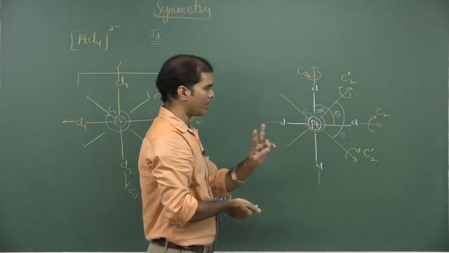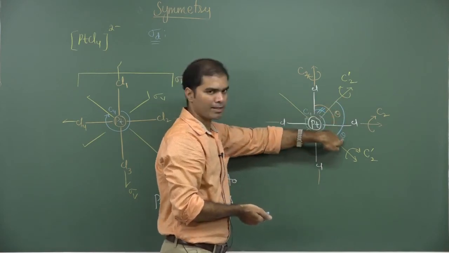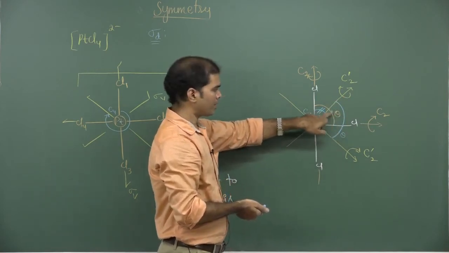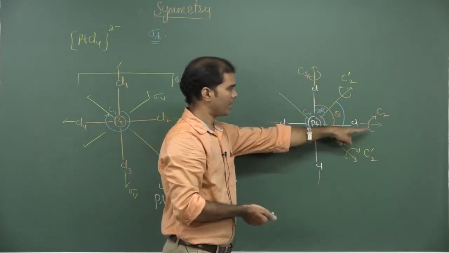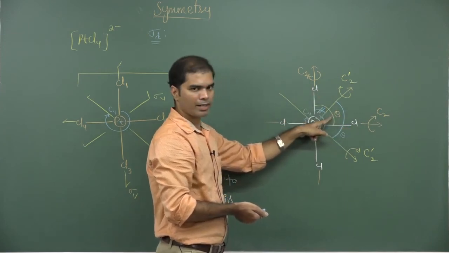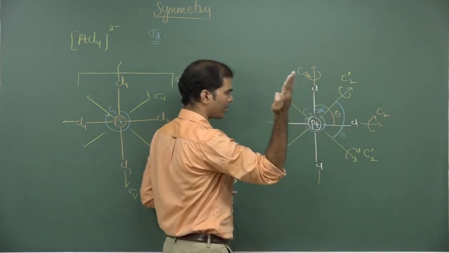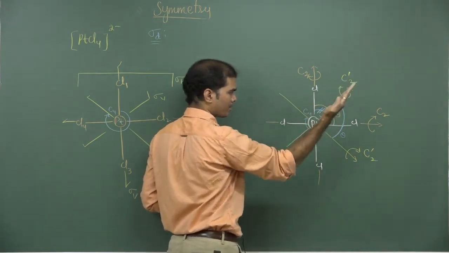There are two possibilities, this is one possibility of a dihedral angle, and a second possibility. But the first possibility gets more priority, because C2 has a greater priority. Between these two there is an angle called a dihedral angle, and any plane that bisects this dihedral angle should be called a dihedral plane.